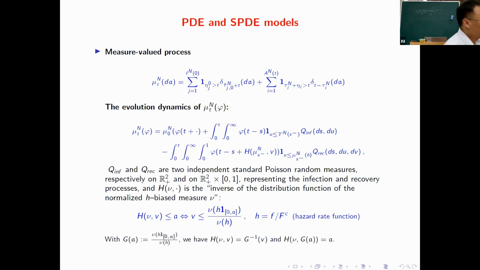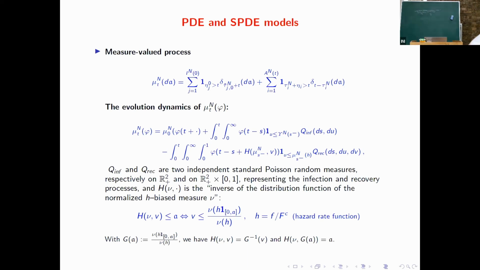For the recovery process, we have to introduce a new function h, which is the inverse of the distribution function of the normalized hazard rate biased measure. We let h be the hazard rate function for the infection duration. What does defining this function do for us? It identifies which individual will recover next. Among all the infected individuals, which one will recover next?